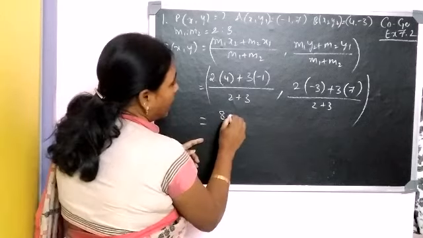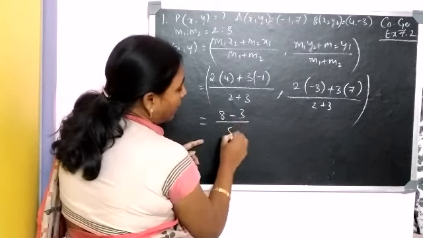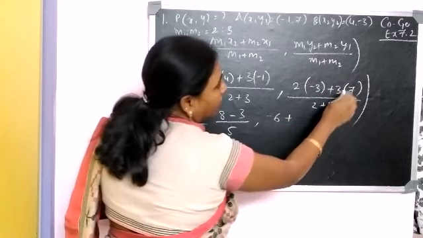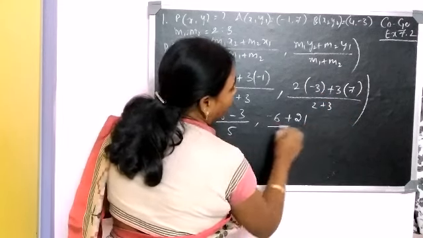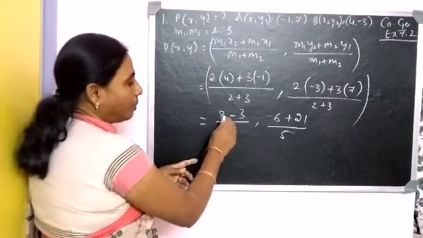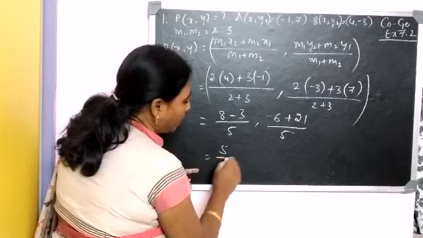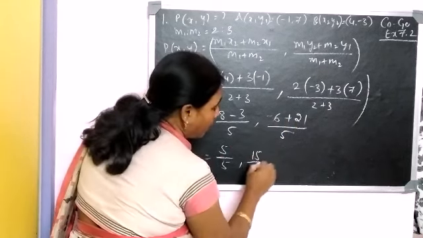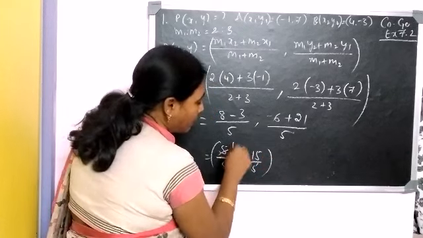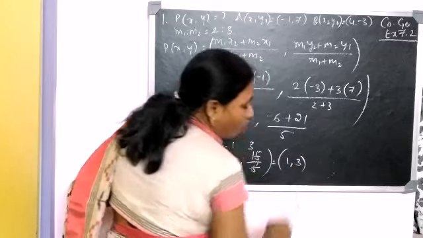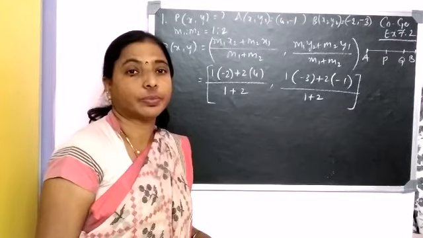Now 2 4s are 8, 3 1s are 3, so (8 minus 3)/5, comma, 2 3s are minus 6 plus 3 7s are 21, divided by m1 plus m2, here 5. Now 8 minus 3 is 5, 5 by 5, and 21 minus 6 here is 15, 15 by 5. Cancel them. Therefore, this equals 1, 3.